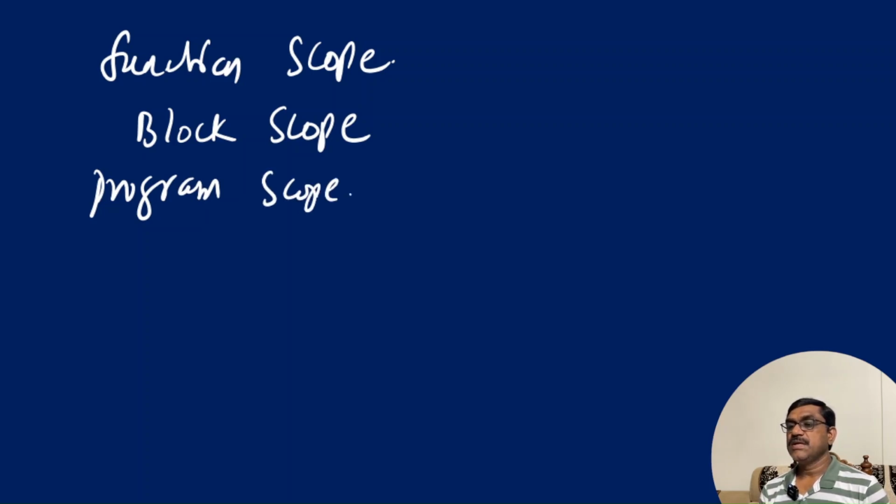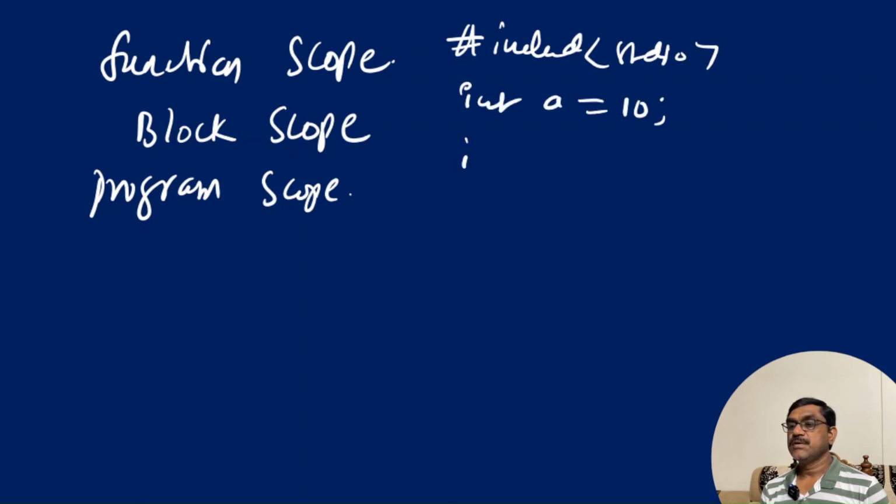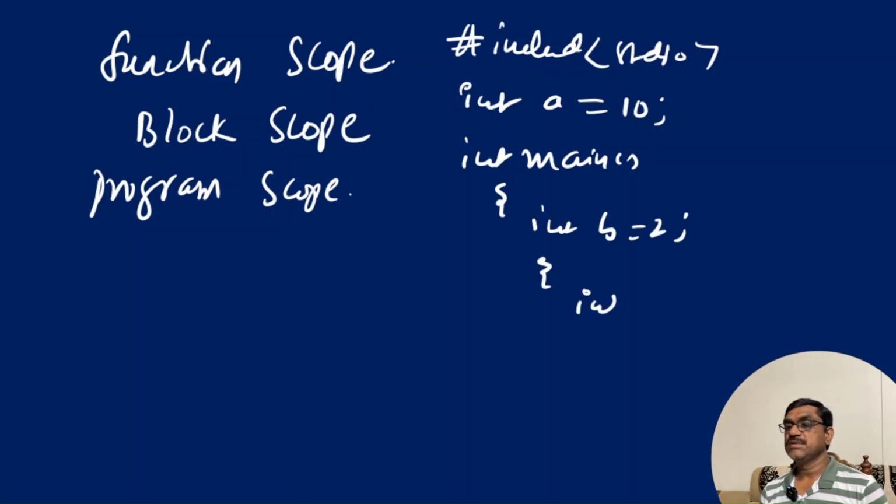For example, here I'm writing the program roughly like this: #include <stdio.h>. Now I'm saying int a = 10. Next I'm writing int main, opening brace. Here I'm saying int b = 2. After this, again I'm writing an opening brace, and here int c = 3.